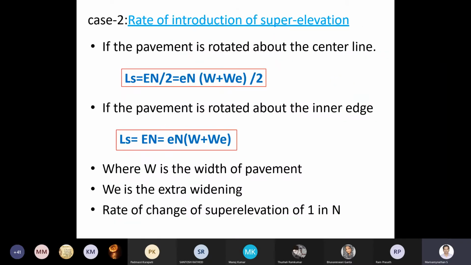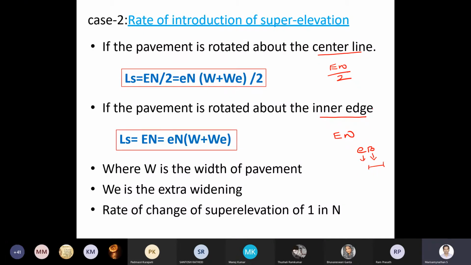The second is the way we are introducing the super elevation. There are two ways we can introduce it. If the pavement is rotated with respect to the center line of the road, then it is EN divided by 2, and with respect to the inner edge, it is E into N. This E is what we have seen as E into B. E is the super elevation, and B is the total width including the extra widening.